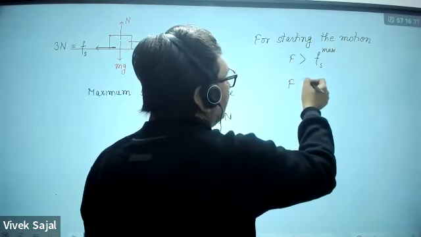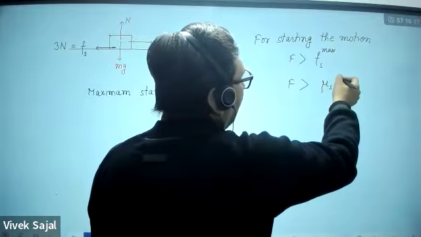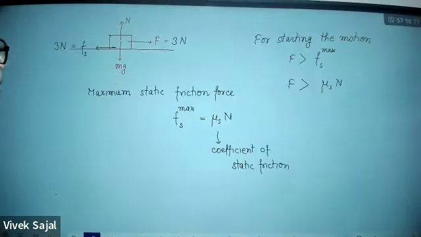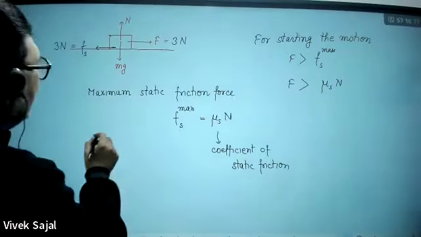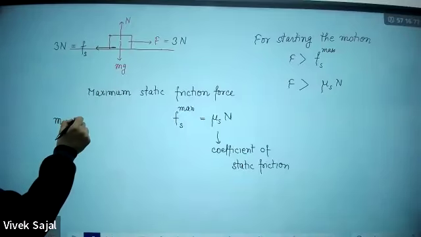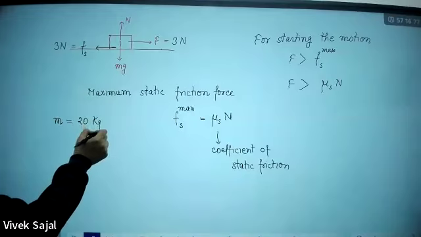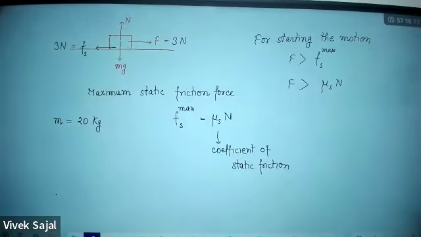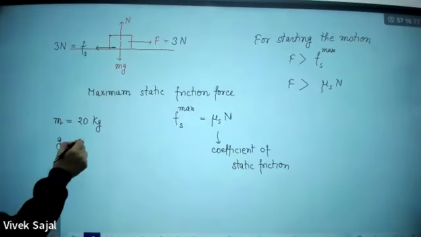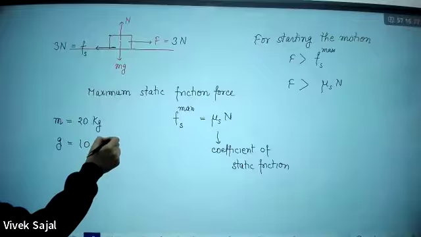So if F becomes greater than mu s into N, in that case this block will start moving. For example, in this case, if I choose m equal to, suppose, 20 kilograms, and g I consider 10 meter per second square.